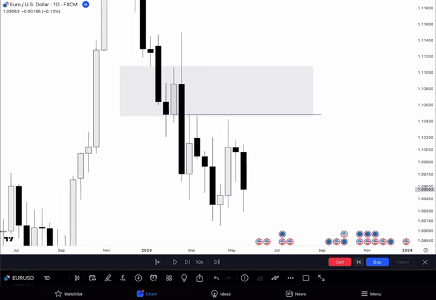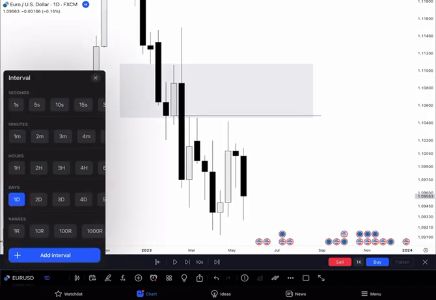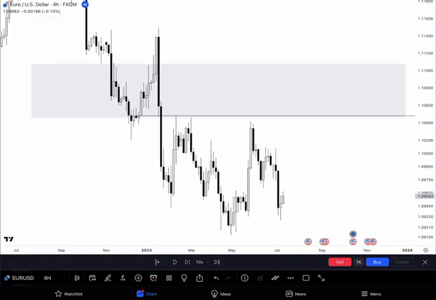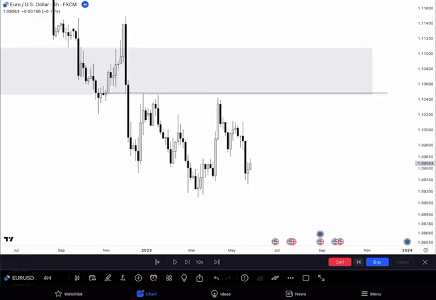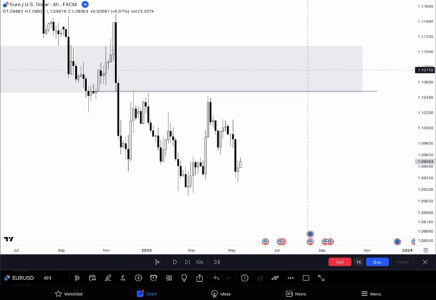Is aligned right with those equal highs on the 4 hour, right? That was the phone, fell down, never mind. So again, this is an FVG, so a weekly PD array, and it's a daily PD array.